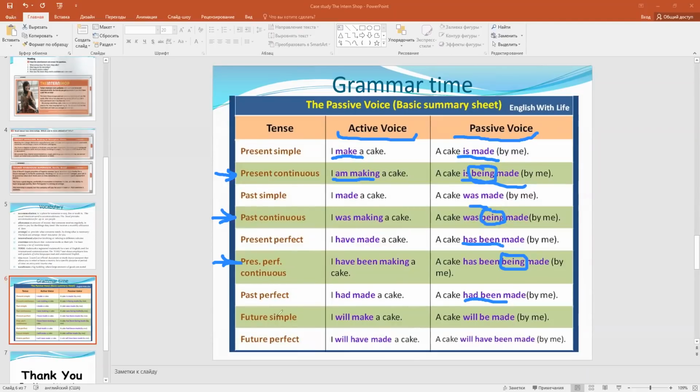And also present perfect tenses always have these verbs, have, has, and the word should be verb 3. The same goes with the passive structure as well.